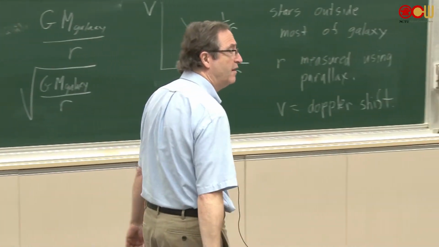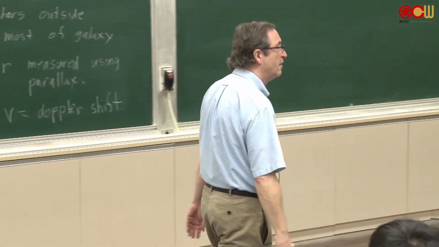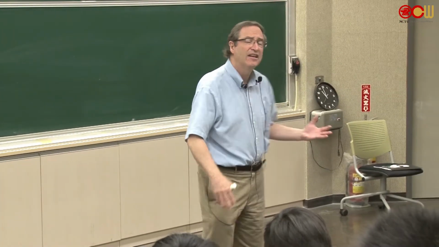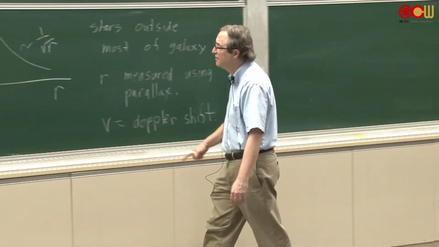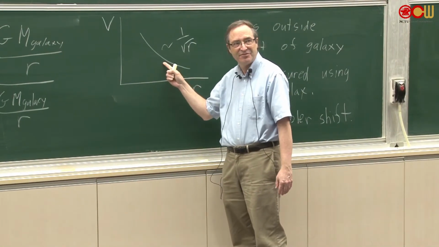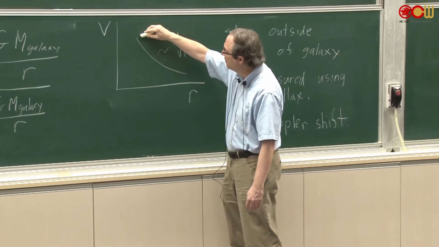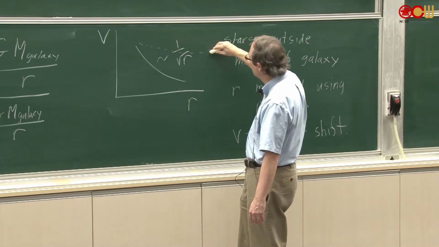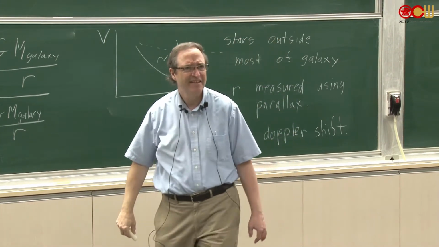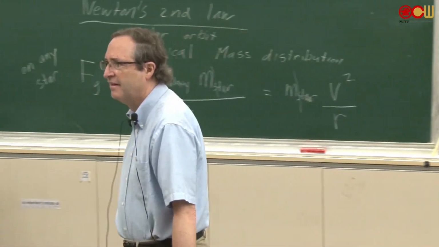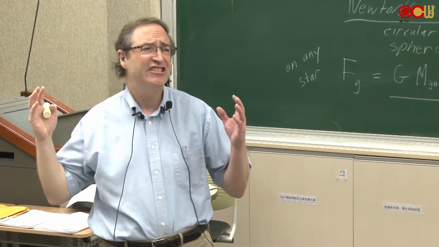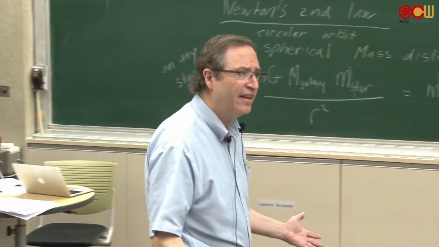So she measured velocities of stars that are near the edge or further out on the galaxy. And what she found was not this. What she found is the velocity was pretty much constant as you went further and further out. This was an astounding discovery.